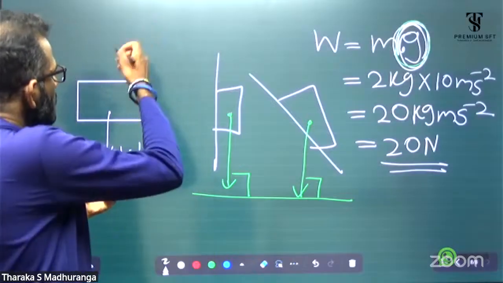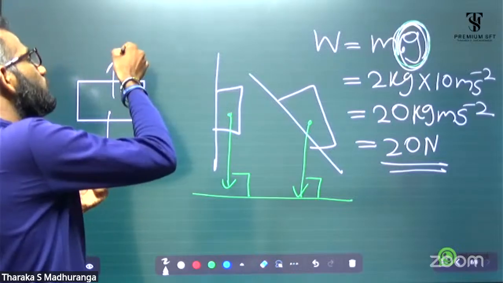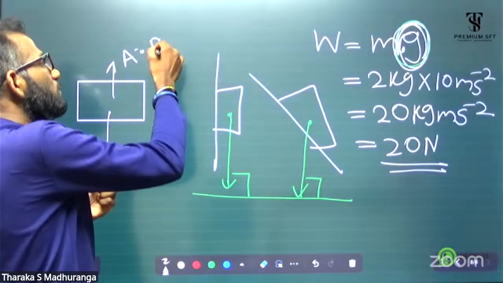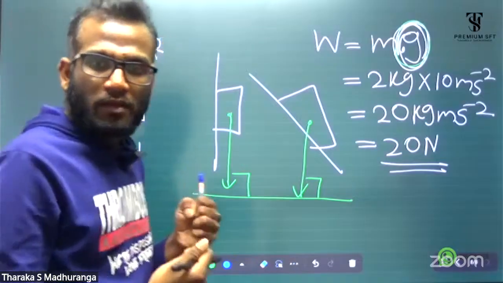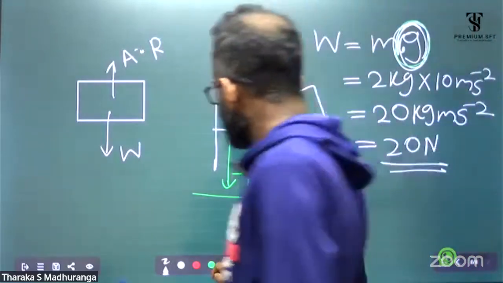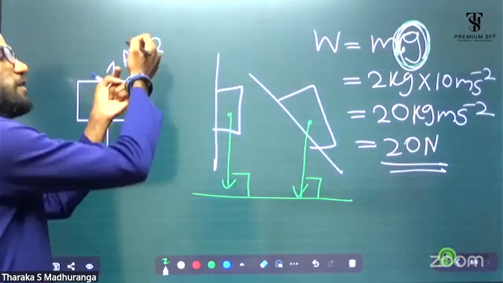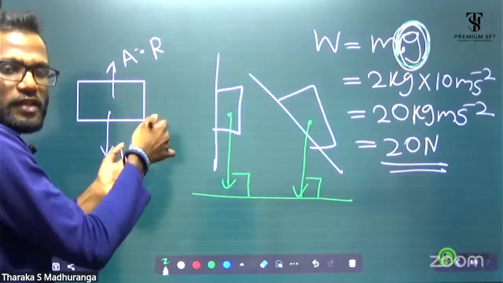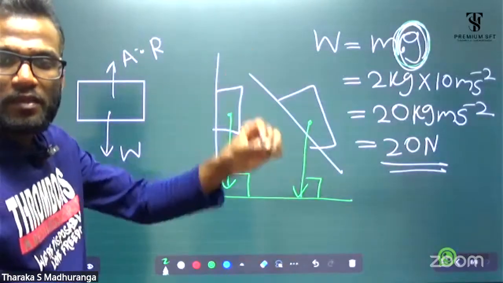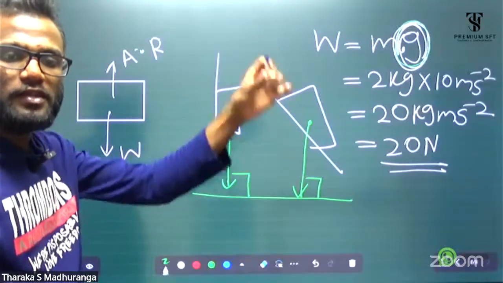Air resistance acts in the upward direction, right? More than the air resistance, the weight is greater.